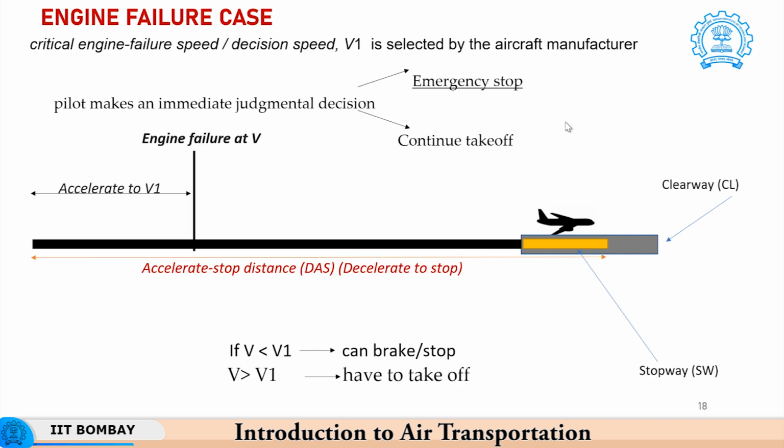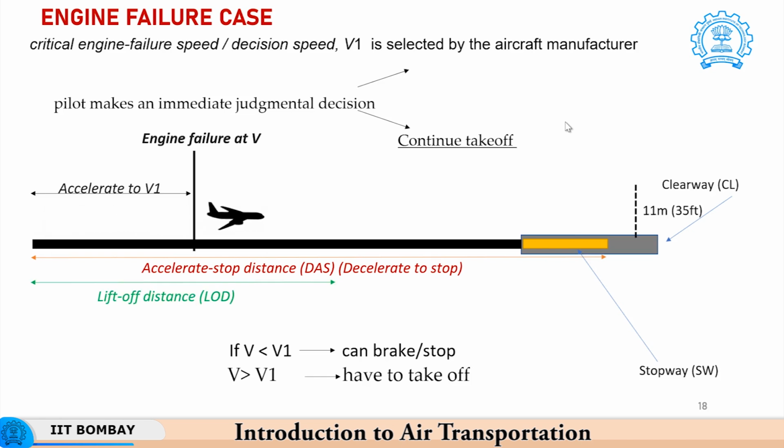So, that distance from start, to accelerate till the engine failure speed and then to decelerate, is called the accelerate stop distance, or DAS in this particular slide. On the other hand, if you continue takeoff, then you are going to accelerate slowly, because now one engine is not working.